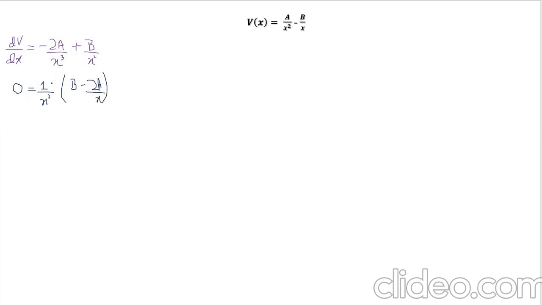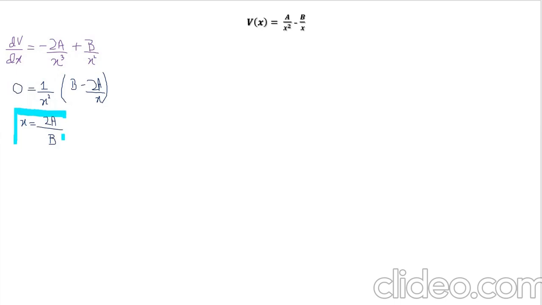This term vanishes. After solving, by simplification we get x = 2a/b.